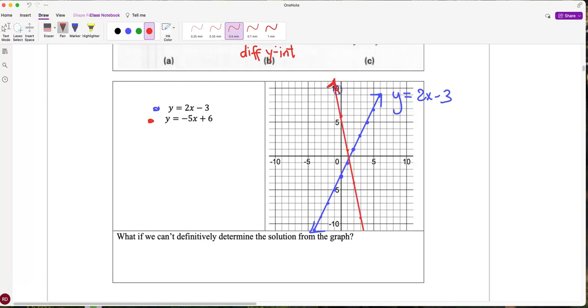It's clear that there is a solution, but I don't know what it is. There is a solution here, but it doesn't appear to land on one of the grid points. So graphing doesn't always work.